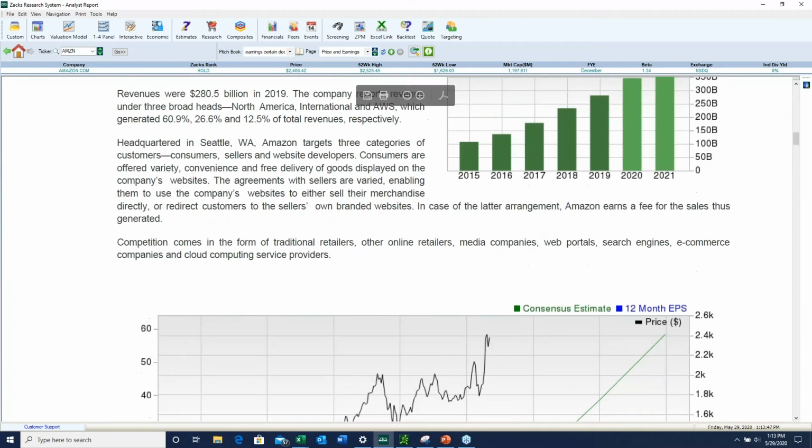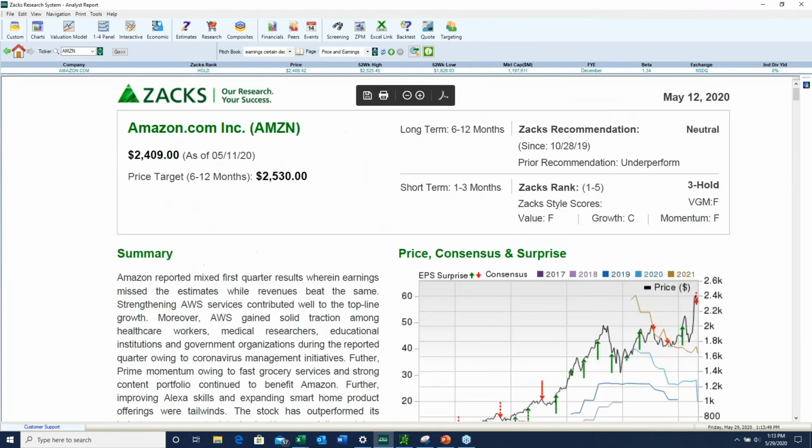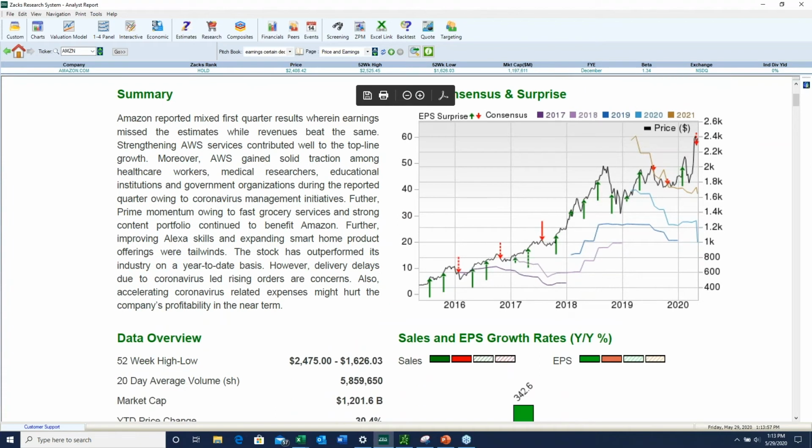I won't go into the entire report, but this is the place I would go personally to get up to speed on a company if you're not familiar with it. But even if you're familiar with it, this is the place to go to really understand what the story is behind the company. Amazon started off as purely retail. It started off as a bookseller. Now it's selling a lot of things globally.